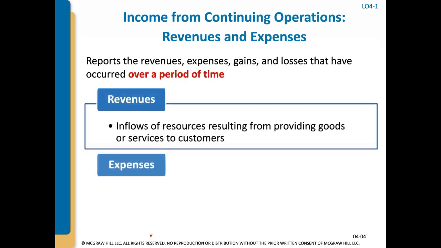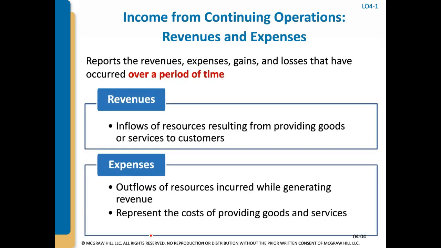So let's talk about revenues and expenses, because the income statement has what's called revenues and expenses, and it has gains and losses, and they are different. The income from continuing operations reports the revenues and expenses. The revenues are an inflow of income resulting from providing goods or services to the customers.